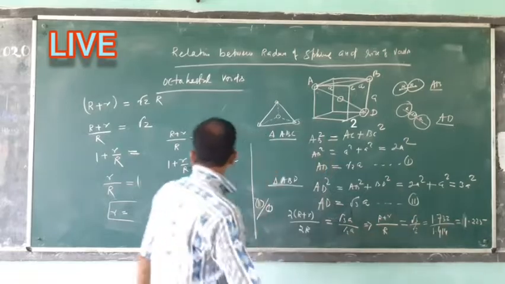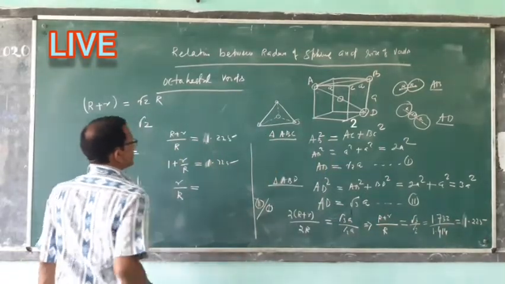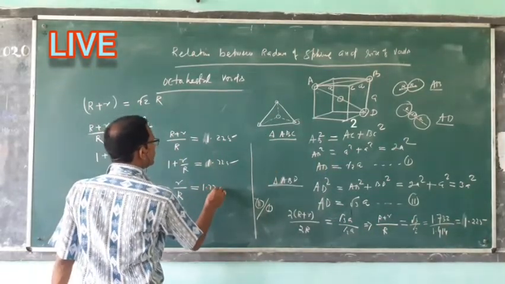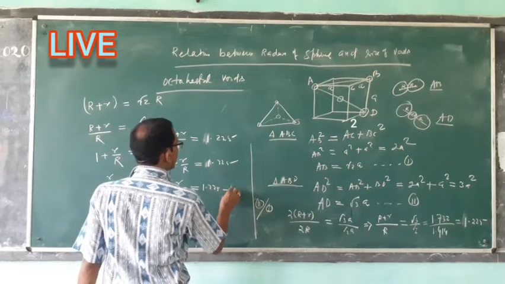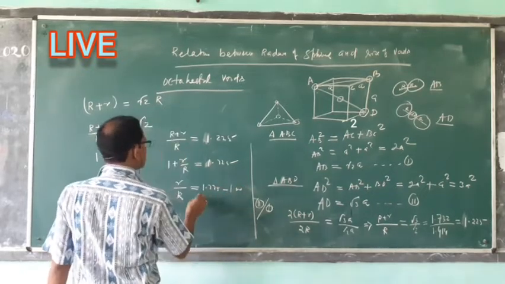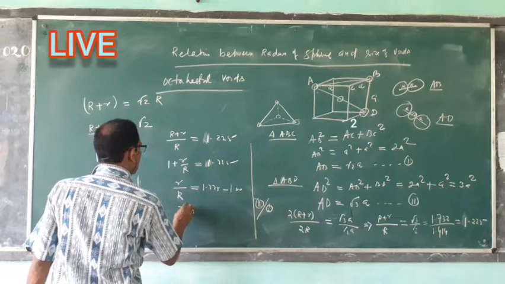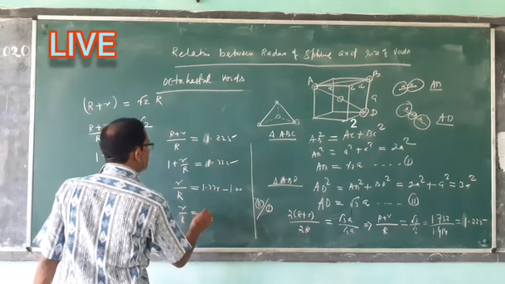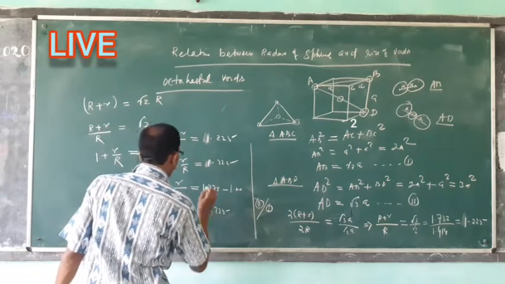The numerator is greater. So r by R is equal to 1.225 minus 1, so r by R is equal to 0.225.